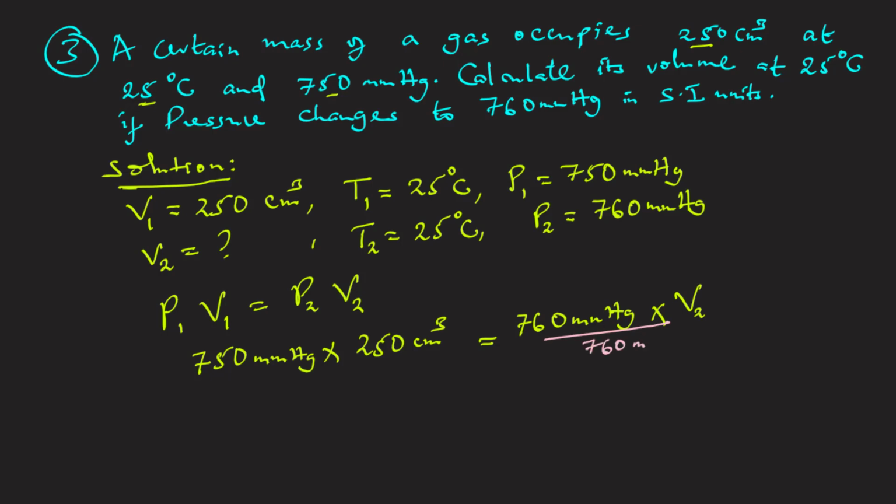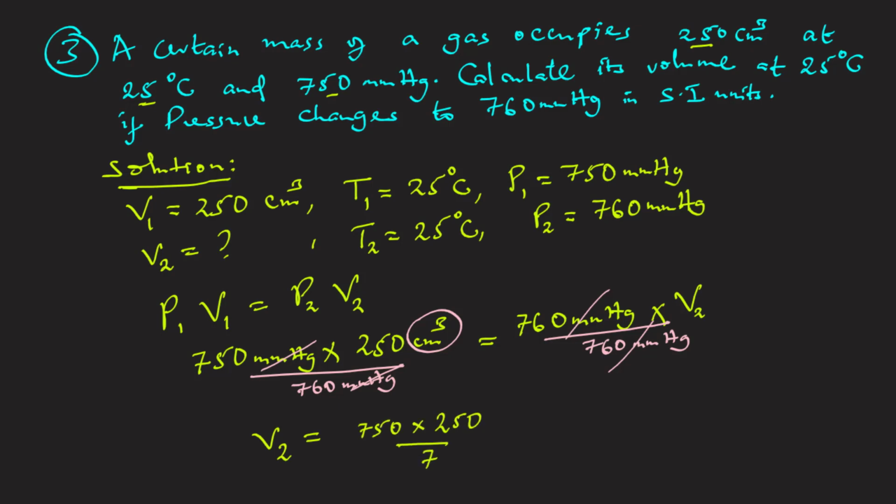So we can divide both sides by 760 millimeters of mercury, and then V2 equals 750 times 250 divided by 760. Now this is in cubic centimeters.